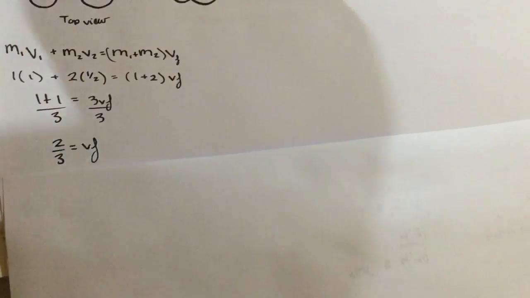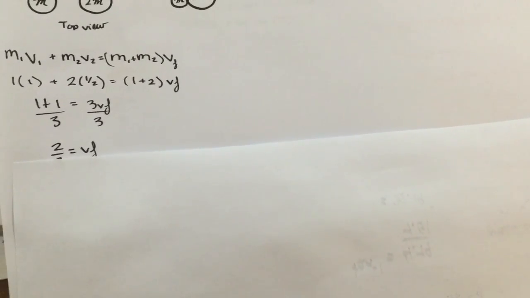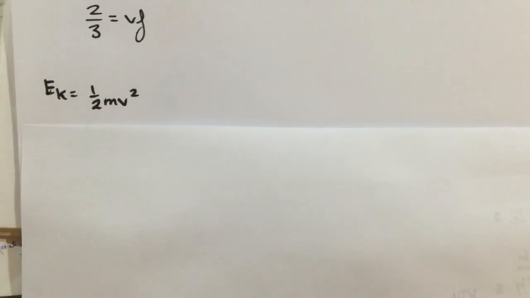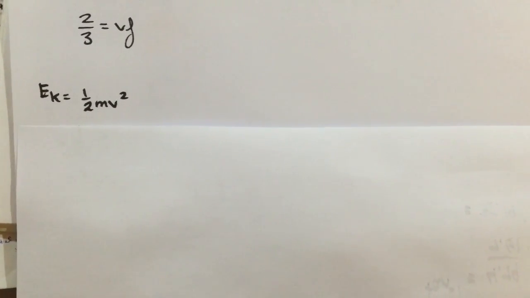And then to find the kinetic energy of the combined objects, we'd have to plug it into the kinetic energy formula, which is 1/2 the mass times the velocity squared.